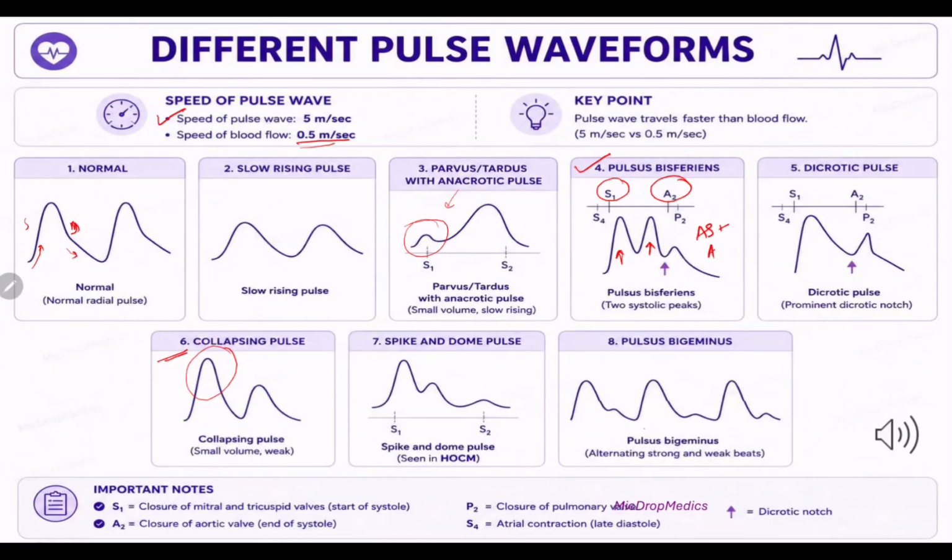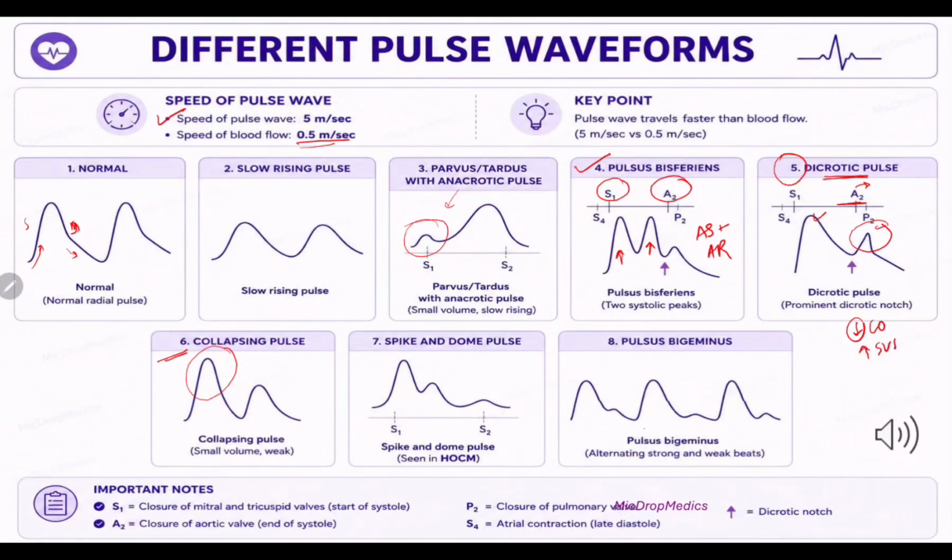Do not confuse this with waveform 5, the dicrotic pulse. While it also has two peaks, the second peak occurs after the closure of the aortic valve, A2, during diastole. It features a highly prominent dicrotic notch, often seen in conditions with low cardiac output and high systemic vascular resistance.